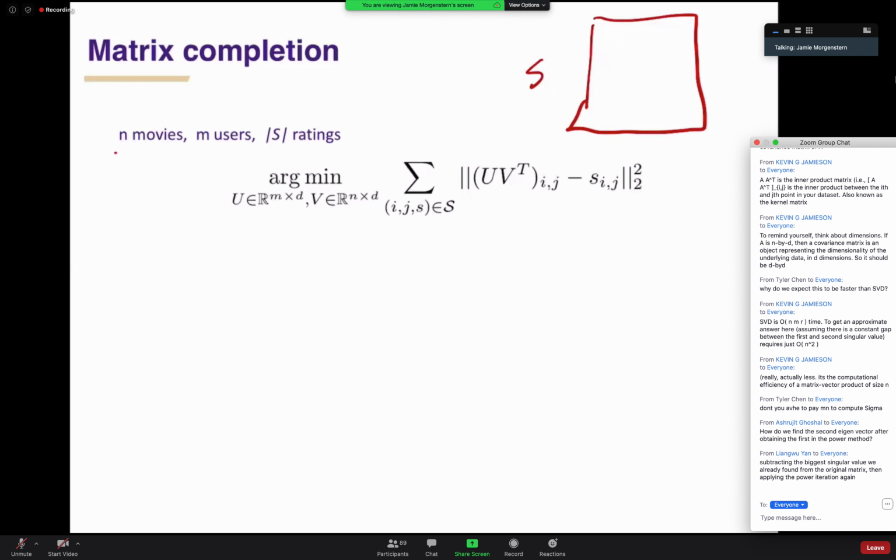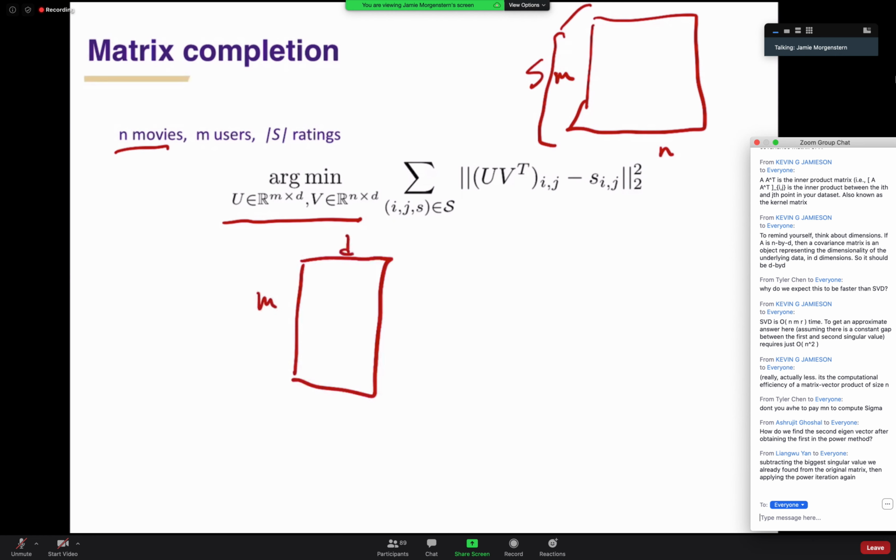So given m movies and n users, the Netflix challenge was asking how to find the following two matrices: U, which is an M by D matrix, and V transpose, where this corresponds to users, this corresponds to movies.